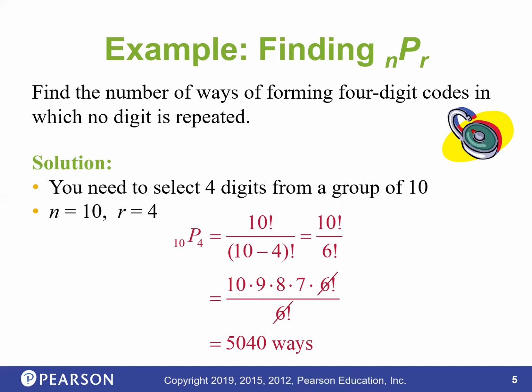So we good there? Let's do this first on your calculator. Go 10 factorial, find the factorial button, divided by 6 factorial. Of course, we should get 5,040 on there.